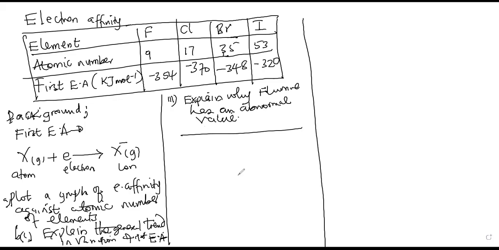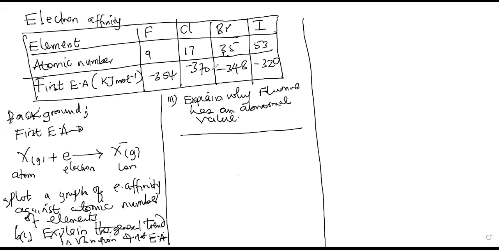So now, looking at all this, if you had to plot this graph, you realize that electron affinity values, all of them are negative.